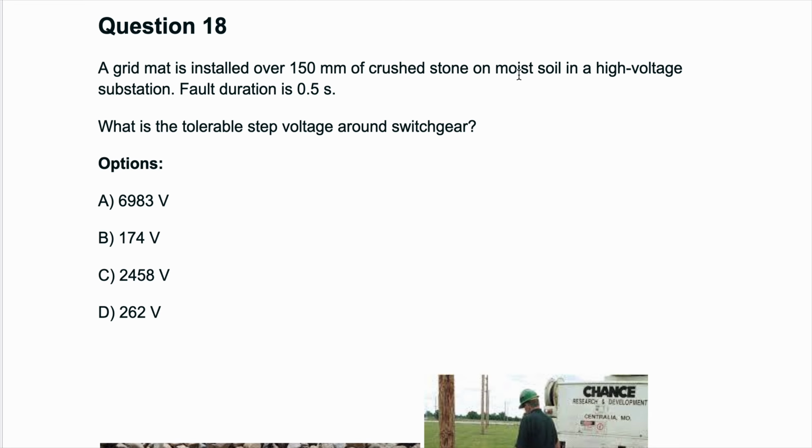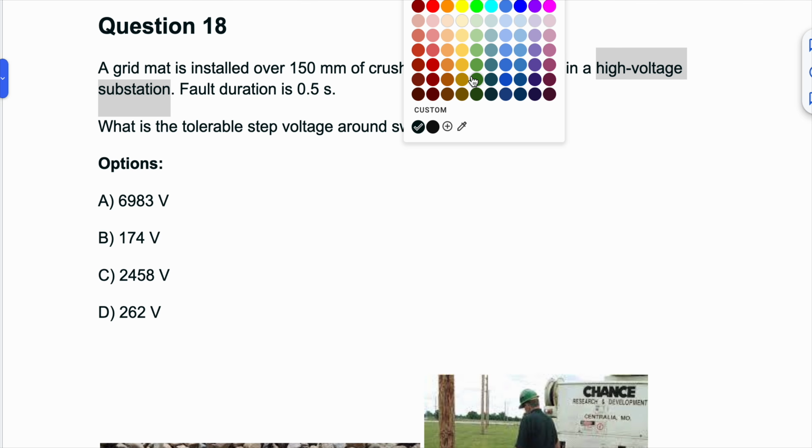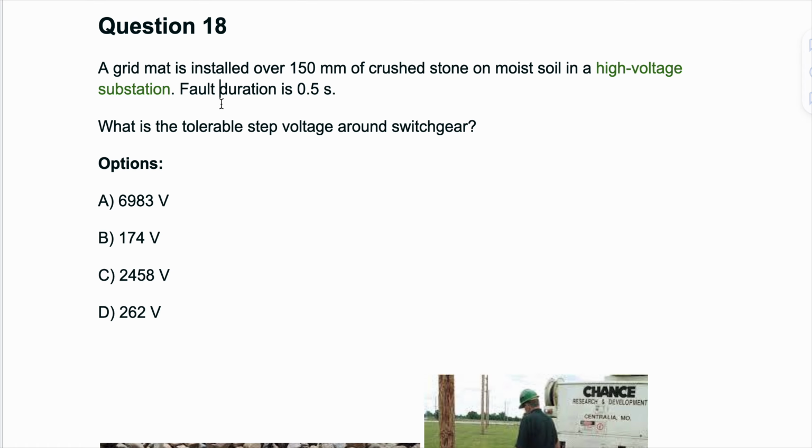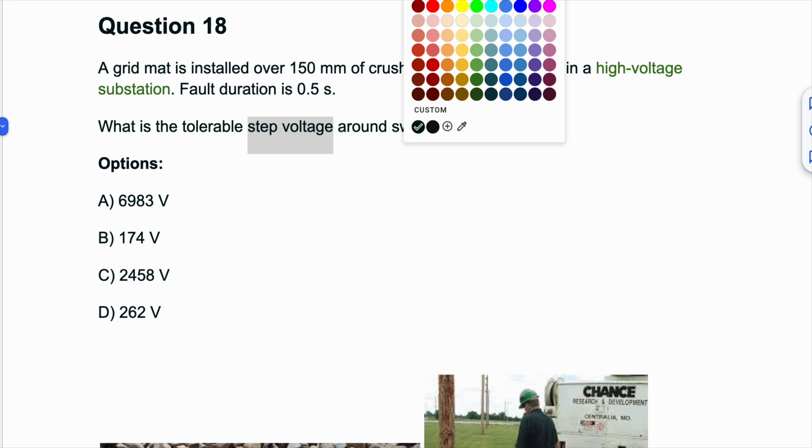Okay, so moist soil. It's talking about moist soil, high voltage substation. When we are talking about high voltage substations, we need to talk about the tolerable step voltage. What is the step voltage?